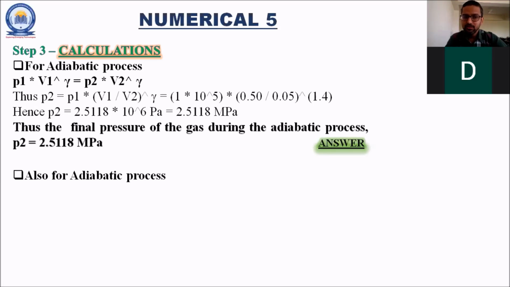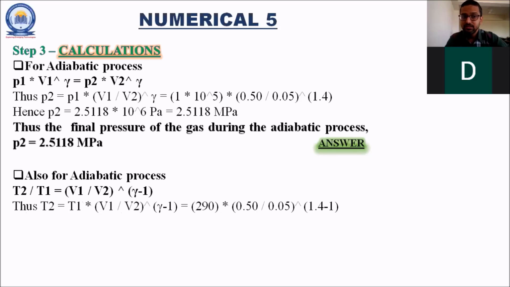Now again, for the adiabatic process also we are knowing the relationship between the temperature and the volume. So T2 by T1 is equal to V1 by V2 raised to gamma minus 1. So T2 is equal to T1 into V1 by V2 raised to gamma minus 1. We are knowing all these values.